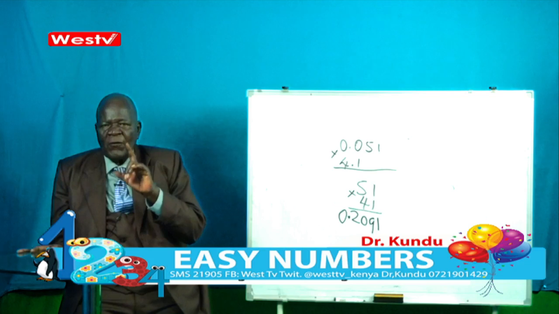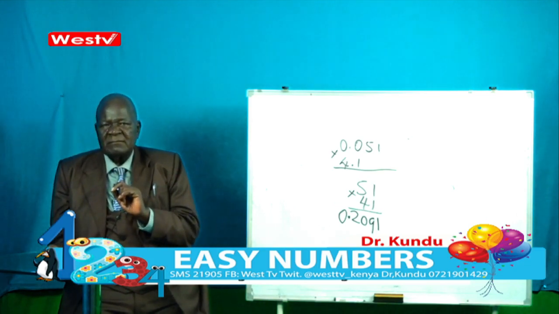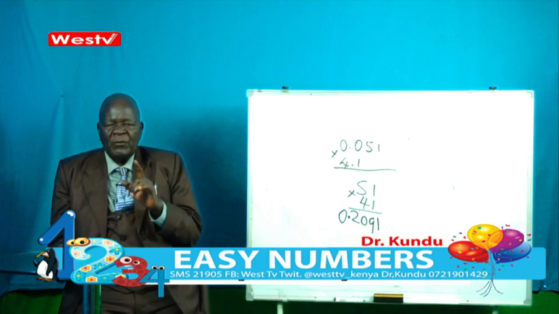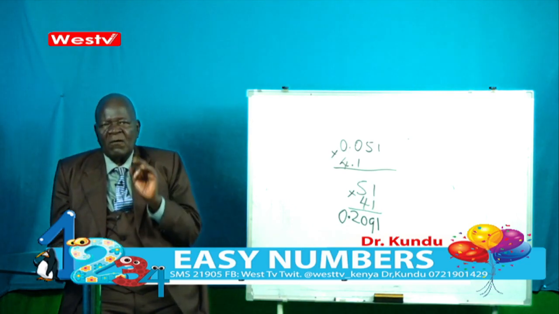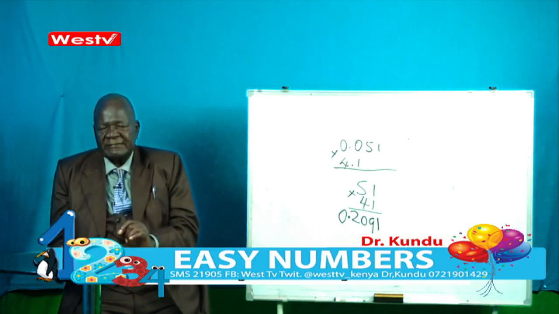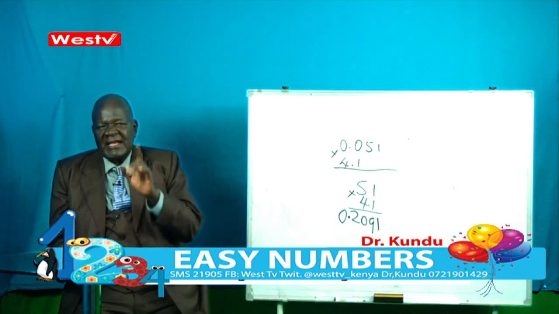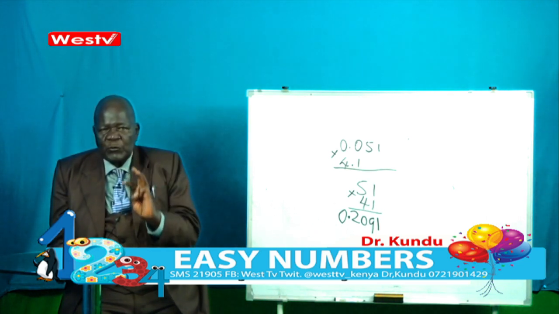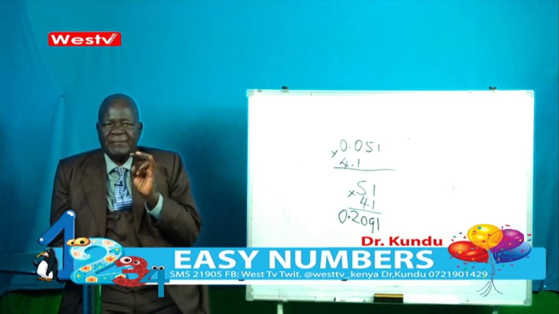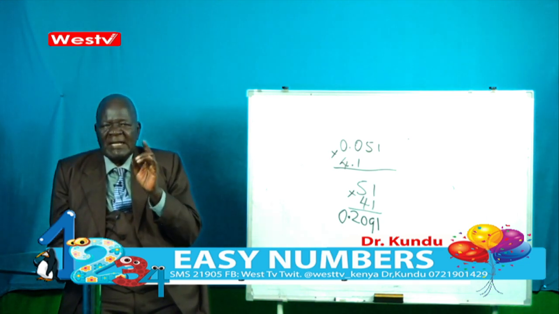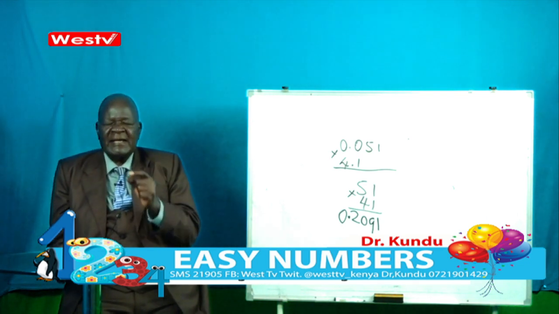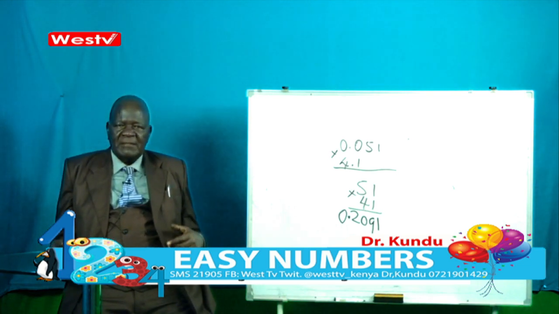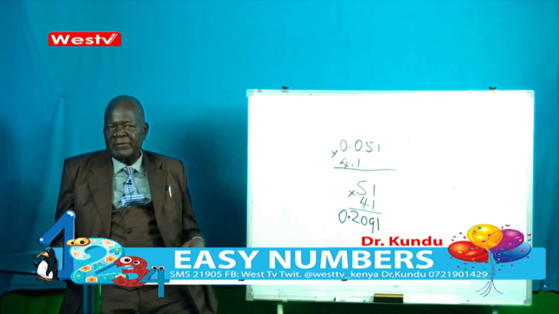So for number manipulation, get your child to have that book, The Making of a Mathematics Genius. Once the child has that, then the child will know how to add like a genius, subtract like a genius, multiply like a genius, and divide like a genius. Many times faster than anybody using a calculator.